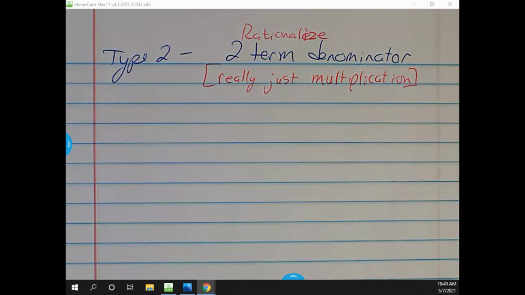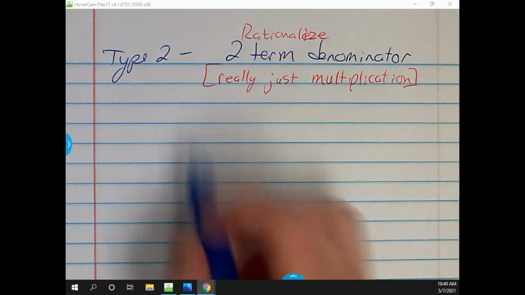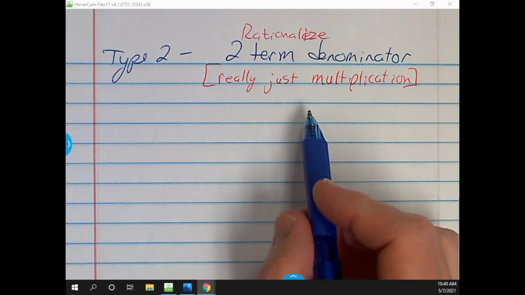So all that rationalizing is, it's just an extension of multiplication, because it's really just a multiplication problem. You just have a certain specific thing that you have to do. So for a 2-term denominator, it's really just multiplication, because here's what you're going to do.